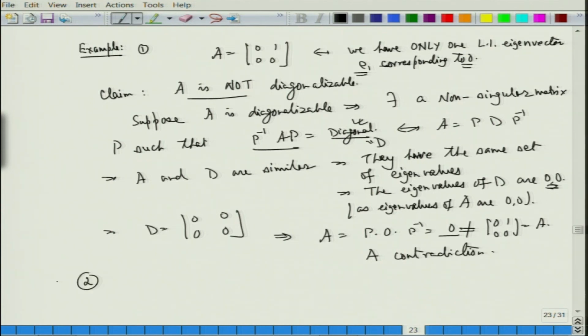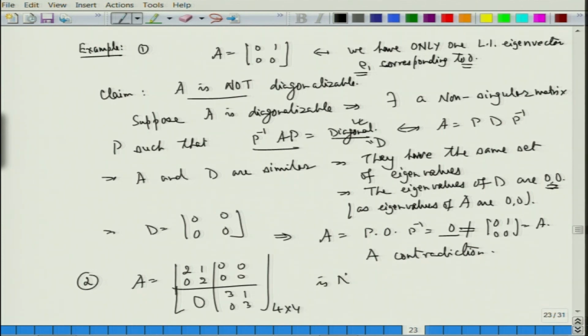Similarly, I would like you to check that if I write A as 2, 1, 0, 2, or say 3, 1, 0, 3, or a 4 cross 4 matrix like that, A is not diagonalizable.